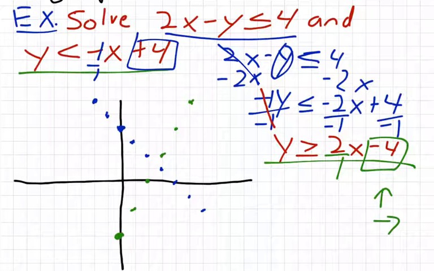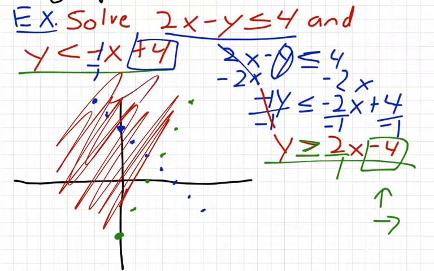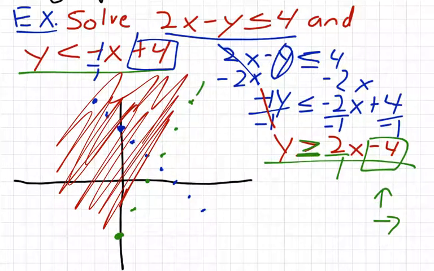All right, that second one we just graphed, it says greater than or equal to, so that means I shade above it. So for that one, I'm going to shade like this, above those green dots. And one more thing, that was a solid line right there, so I'm going to fill that in.